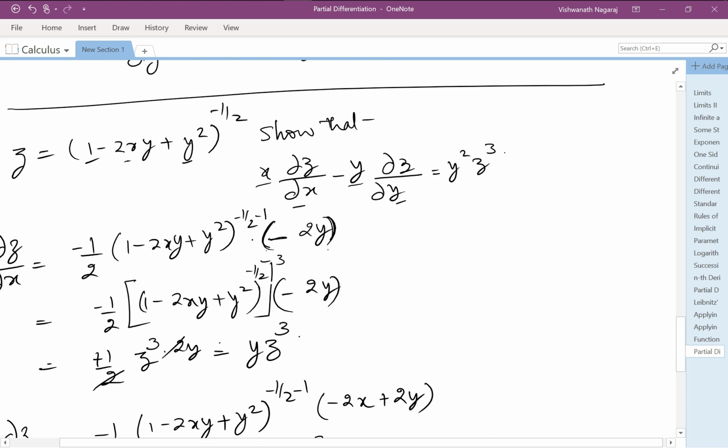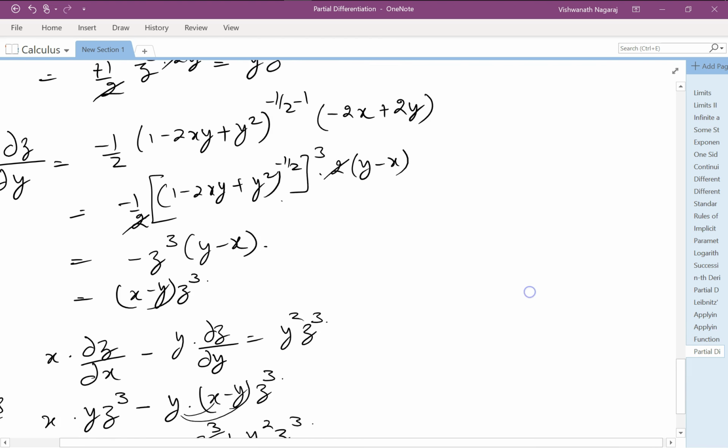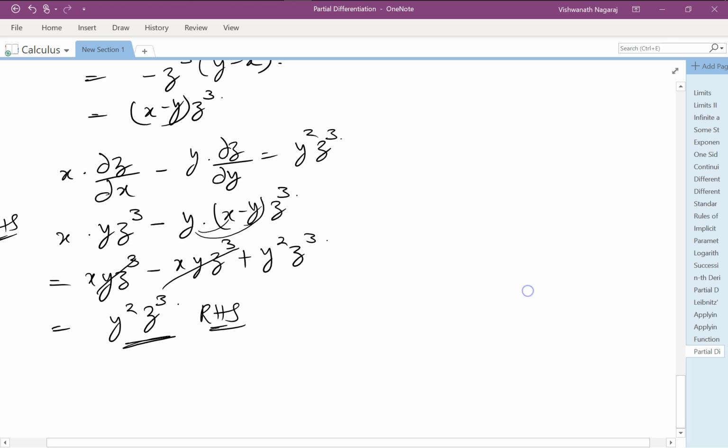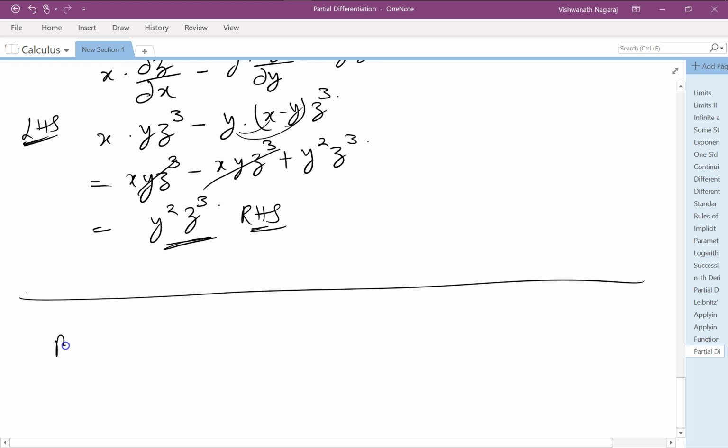Brackets are very important. Otherwise, what should have been multiplication becomes addition or subtraction. So be careful. Most of the mistakes in calculus are either you don't remember some formula or some theorem, but mostly related to algebra and arithmetic, not to forget that. So I think that's enough for today. Bye for now.